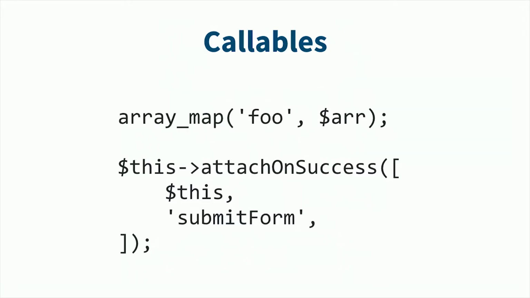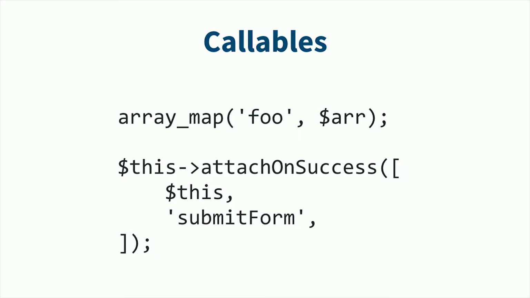Next, callables. When some method expects a callable, you have multiple options for what you can pass there. You can pass a string, you can pass an array like this, you can pass a class that has the invoke magic method, or you can pass an anonymous function.